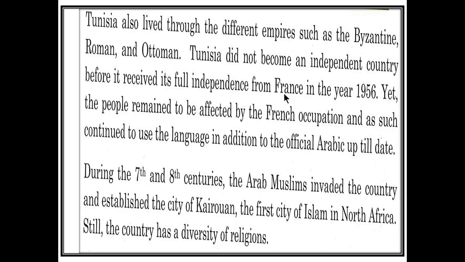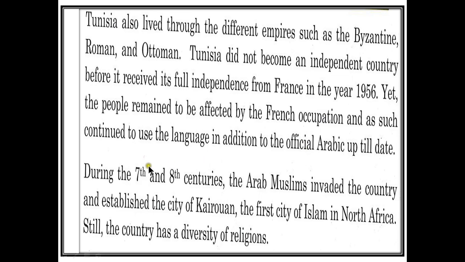Tunisia did not become an independent country before it received its full independence from France in the year 1956. Yet people remained affected by the French occupation, and as such continued to use the French language in addition to the official Arabic up to date.